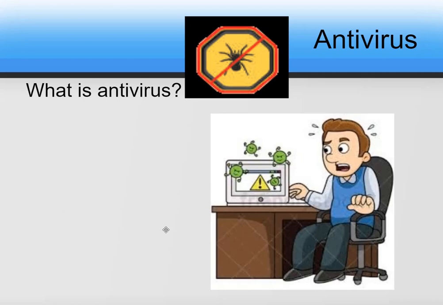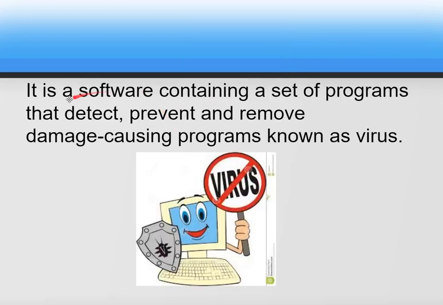Now when we talk about utility software, one very important utility software that we all are using nowadays is the antivirus, right? But what is antivirus? That is a big question. So antivirus is a software that contains a set of programs that can detect, prevent and remove damage causing programs known as viruses. So what are viruses? Viruses are also computer programs, but they basically harm our computer system.